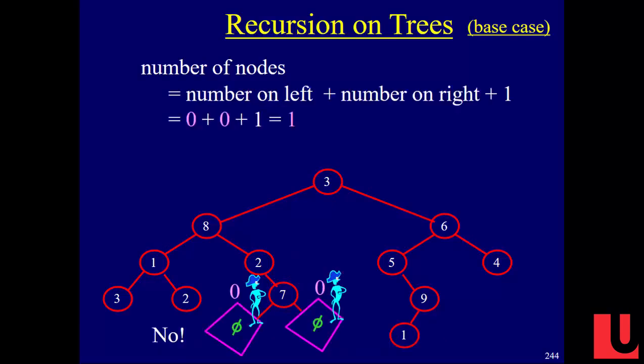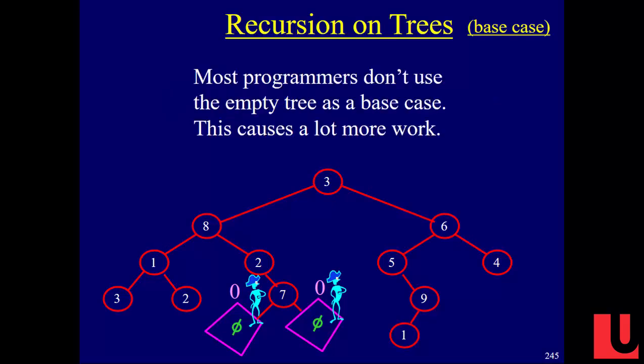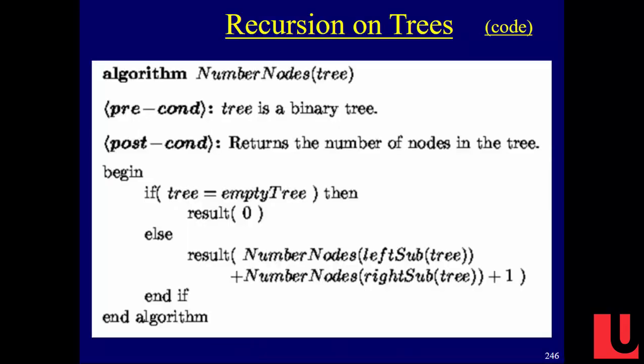Do we still need that as a base case? No, because the number of nodes in this tree is 0 plus 0 plus 1. You have to check those various things work. This is just what I said already, and here's the code. Everybody good with the code? I'm just saying if it's the empty tree, and if you're actually writing real code, you have to figure out what that means.